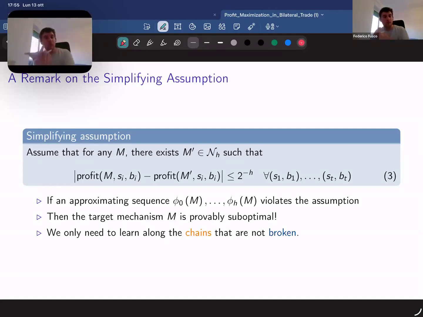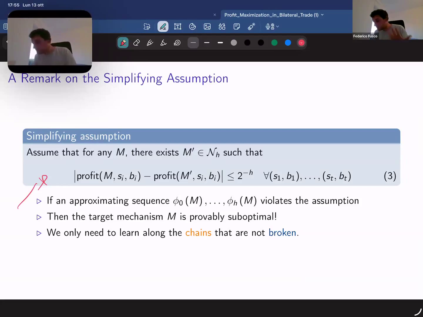But in general, you don't have the inverse inequality. So what we did here is technical, but I think it's cute. What we prove is that if an approximating sequence violates this two-sided condition, then this is a witness that the last term of the chain is not optimal. So we can avoid uniform convergence along the chains that do not respect the simplifying assumption.